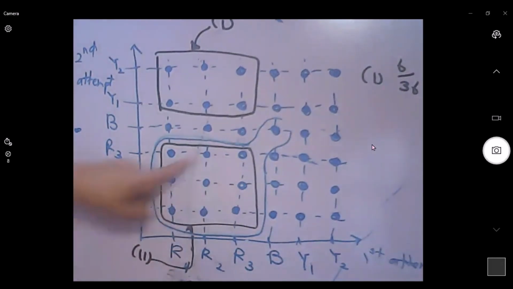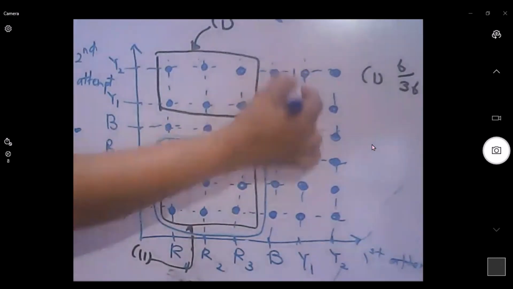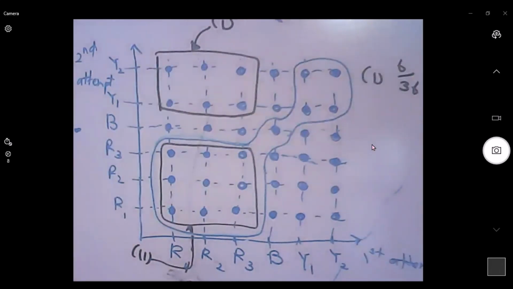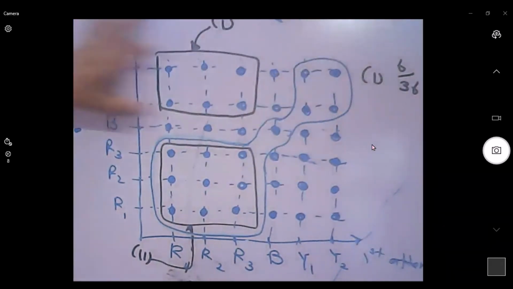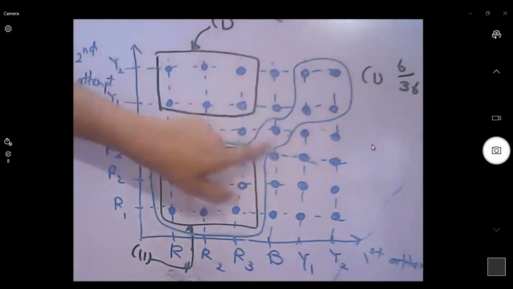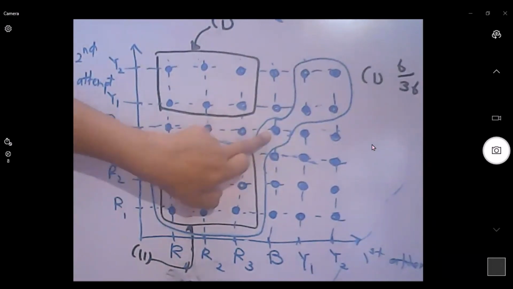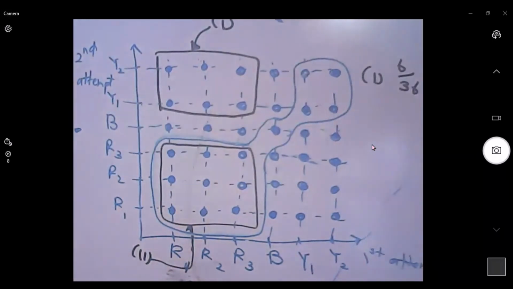In these 9 events, both beads are red. Here one, both are blue, same color. Now look at these 4 events. In these 4 events, the first bead is yellow and the second bead taken is also yellow. So both beads are the same color. Both red, both yellow, both blue. What is the probability of obtaining both beads the same color?